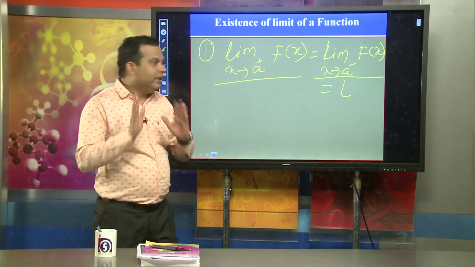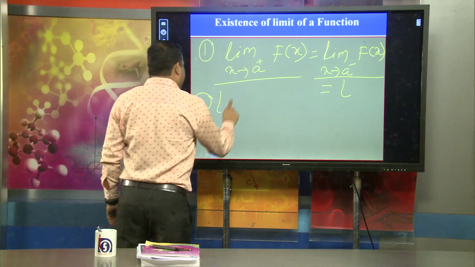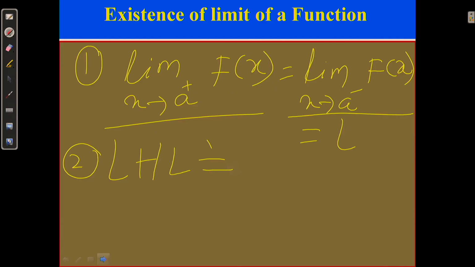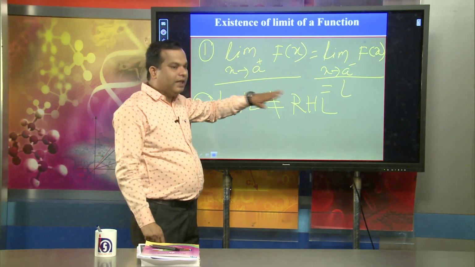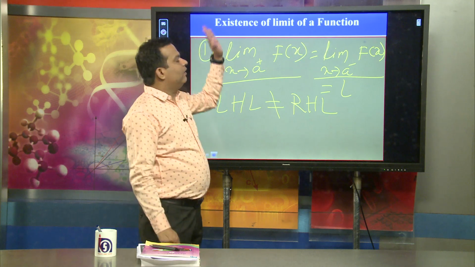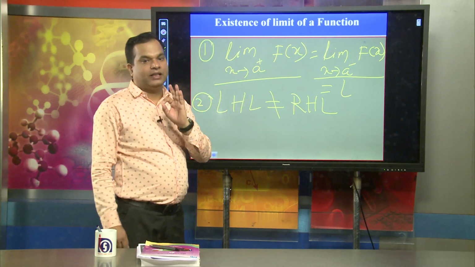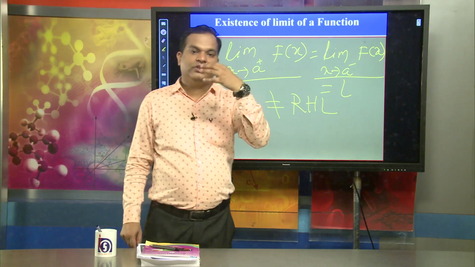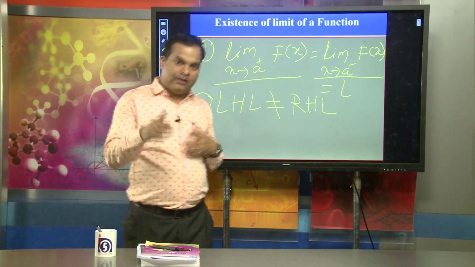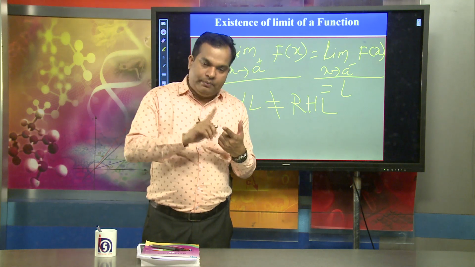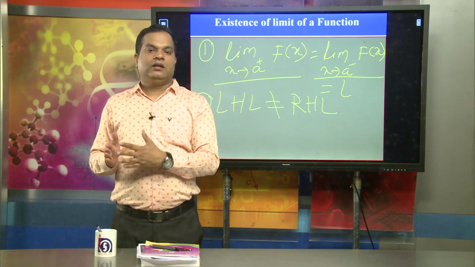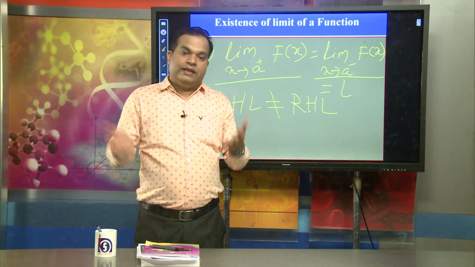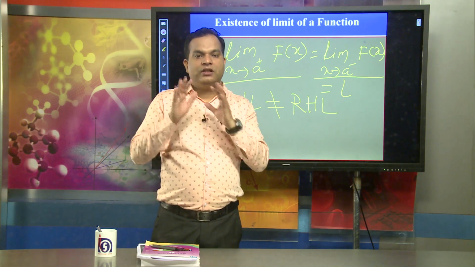Otherwise, if LHL is not equal to RHL, that means when the left hand limit is not equal to the right hand limit, the limit of the function does not exist. The next condition: if either the left hand limit does not exist or the right hand limit does not exist, then also the limit of the function does not exist.